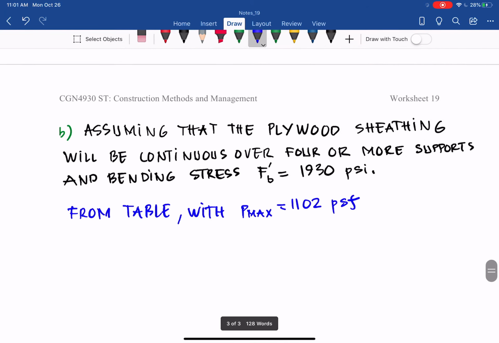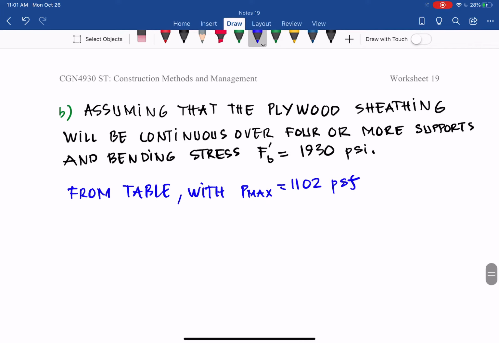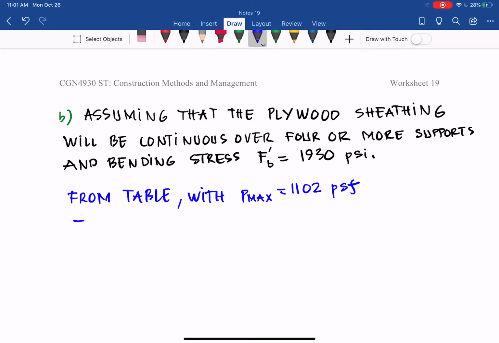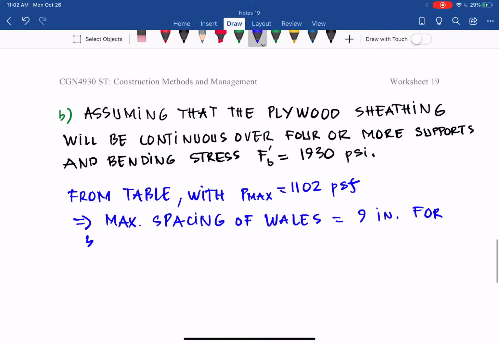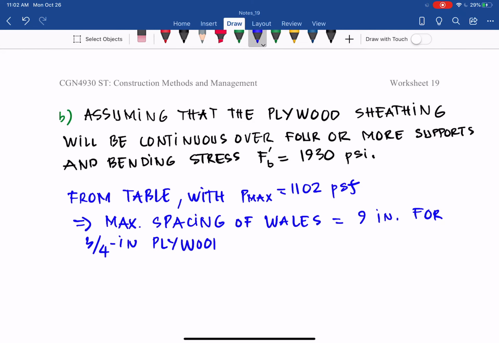So with that, we can say that with the Pmax, from the table, we can have the maximum spacing of wells equal to 9 inch, and for 3/4 inch of plywood, and that is the face grain parallel to support there.